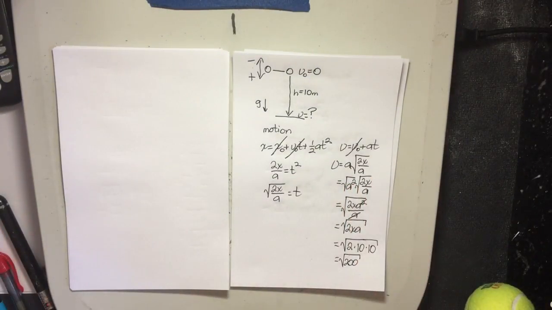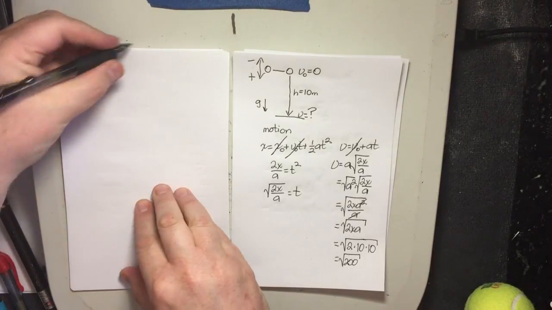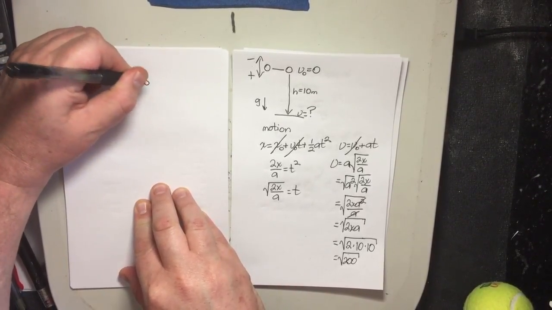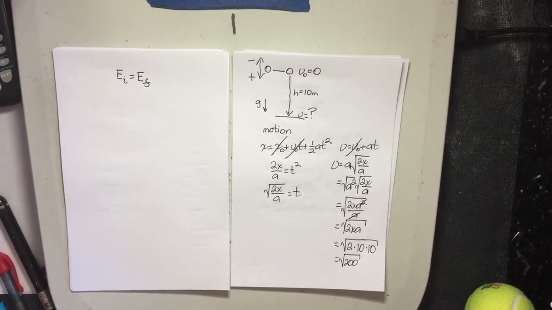Now, in the dropping of the object, is there friction? No. Yay, no friction, because I can immediately write energy initial is equal to energy final.